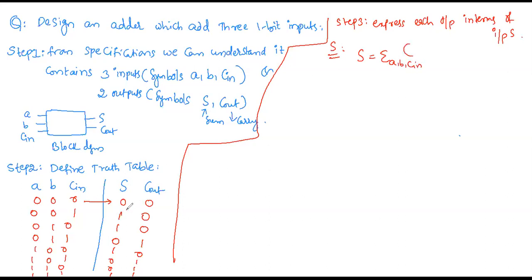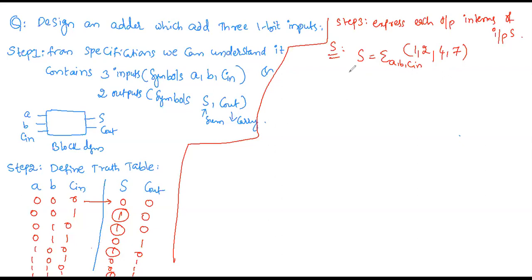Wherever it is 1, write the input decimal value: 1, 2, 4, and finally 7.